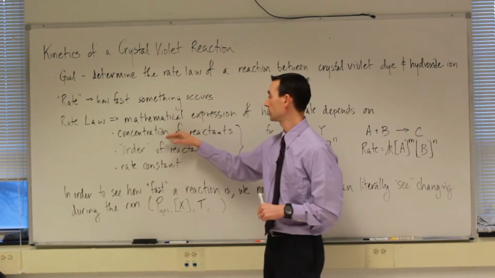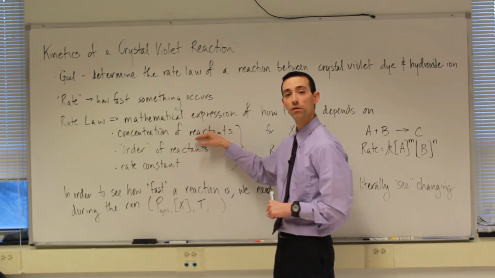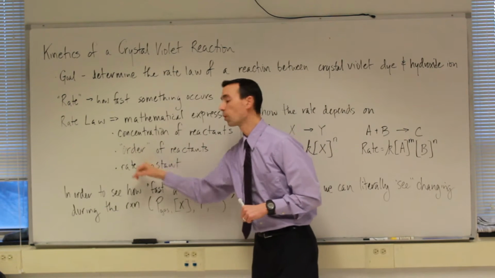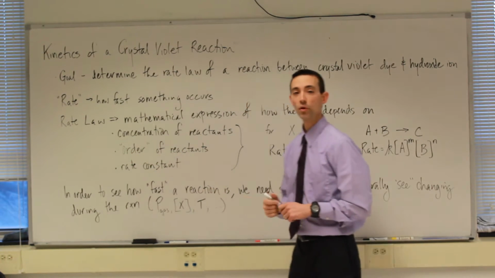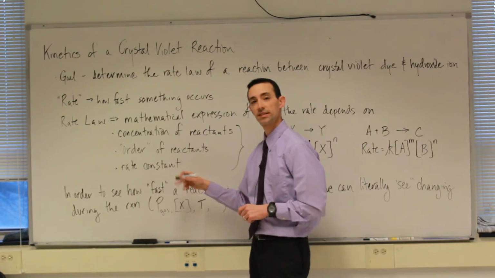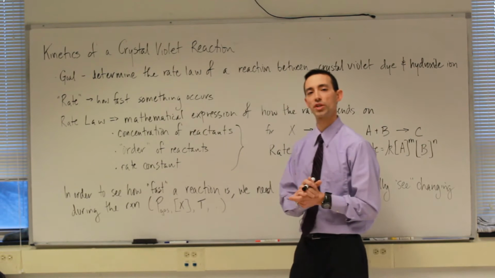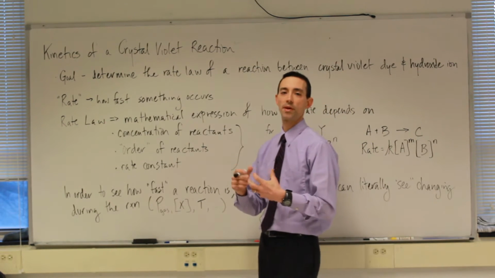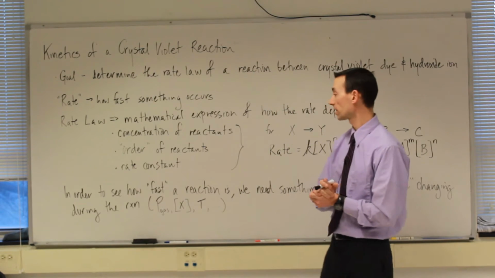What is the concentration of the chemical that's at work in your reaction? What is what we call the order of that reactant? And what is the rate constant, which is really more of a proportionality constant, but it's dependent upon some of the things that are happening at the molecular level.